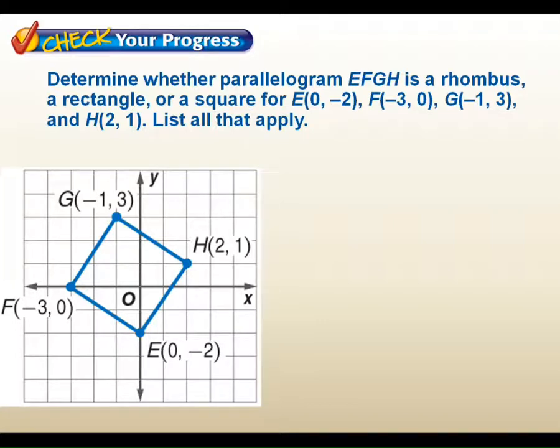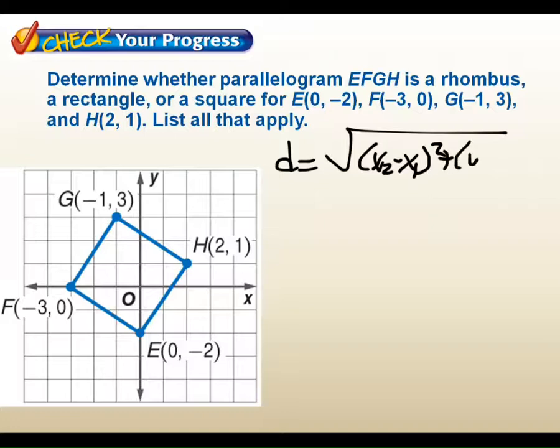So in order to check, I want to check if all four sides are congruent, which means I need to find the distance of all four of these sides. So I would use the distance formula, and I would apply that to each side of this figure. I'd want to check what the length is between each of these. So I would use these two points to find FG, these two points to find GH.